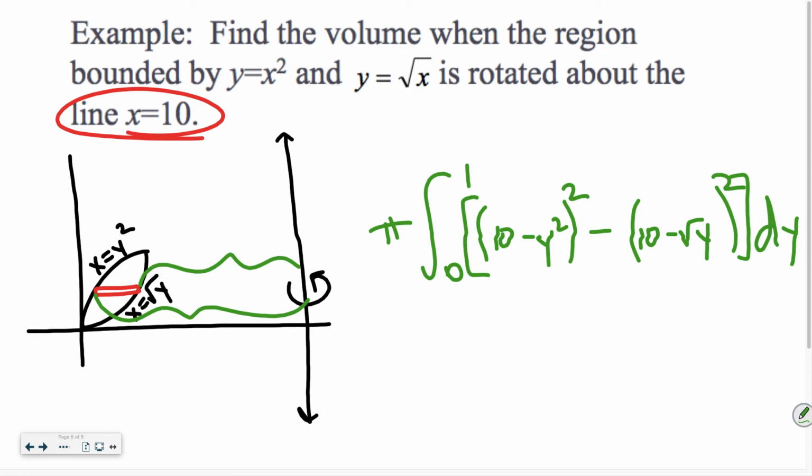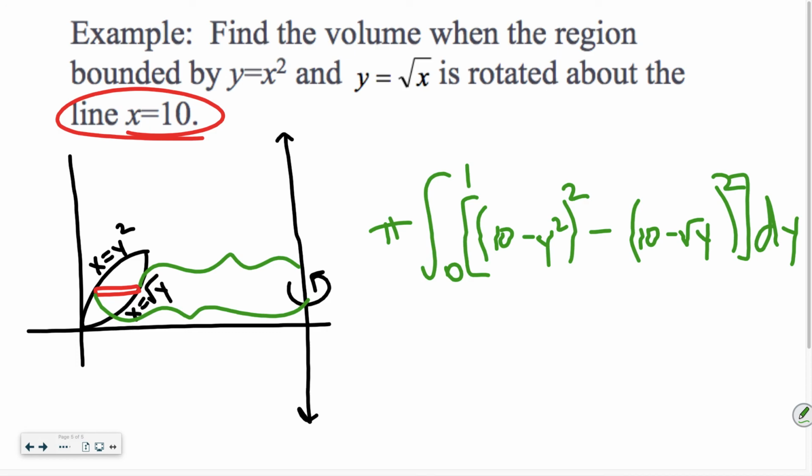Okay. This is definitely something that I would either expect you to set up without a calculator or put into Math 9. This is not something I would make you calculate the volume of by hand. So when you put it into Math 9, what do you get? It's irrational.